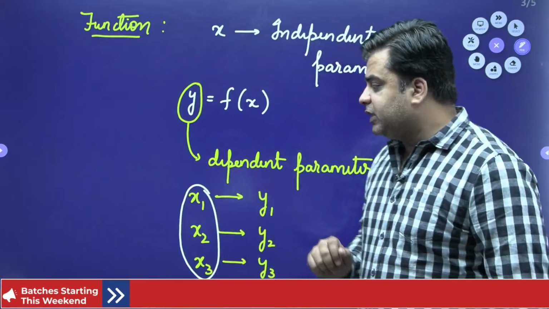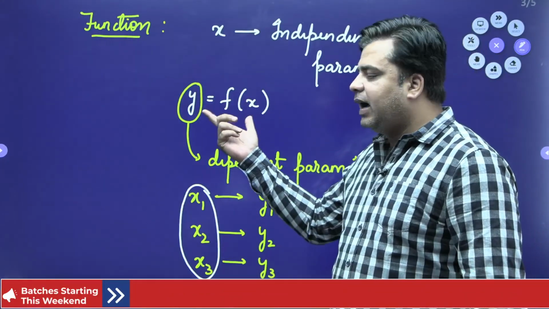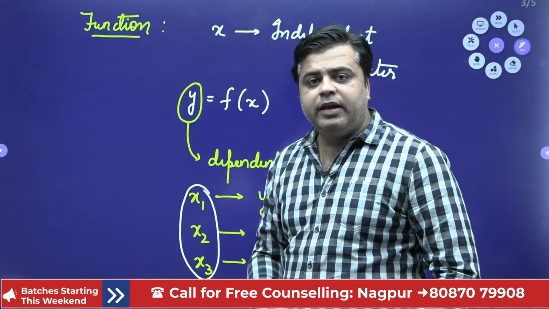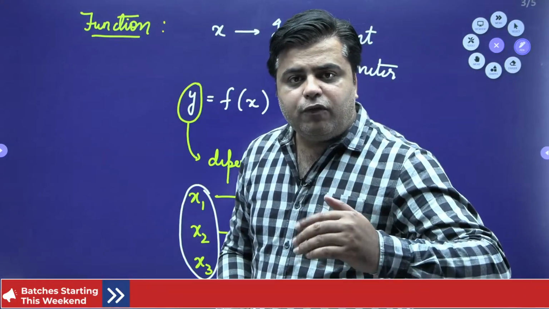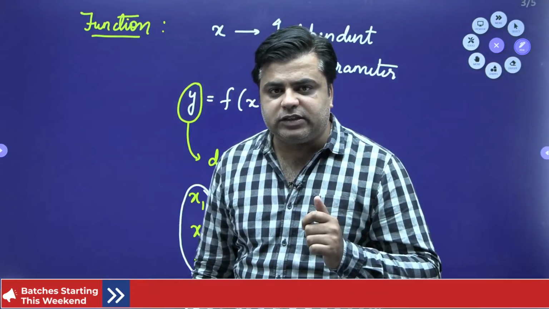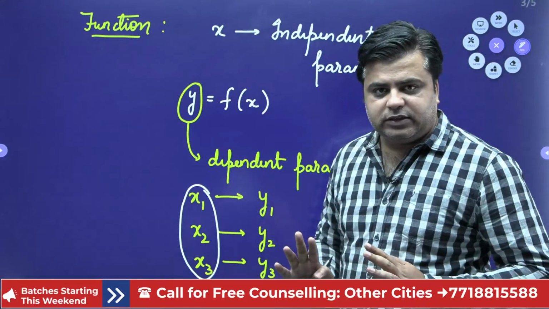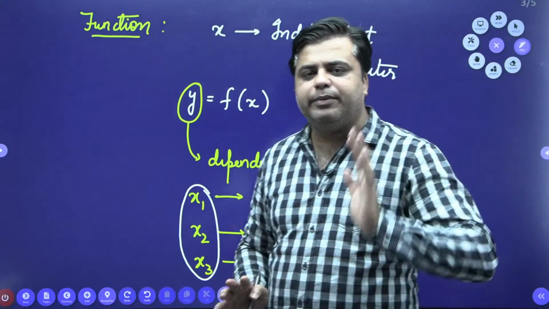Now the relation between this y and x is termed as a function, right? If the value of y changes with the changing value of x, then we say that y is a function of x. Okay, so I think this is pretty much clear to us.